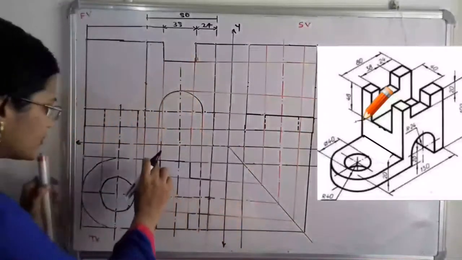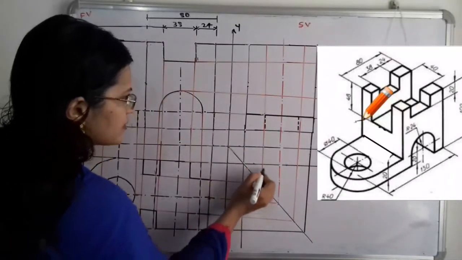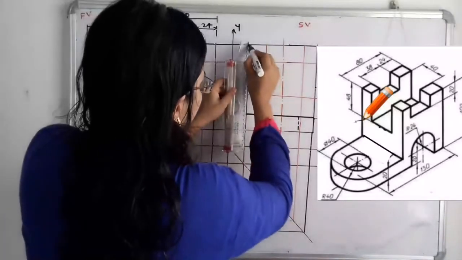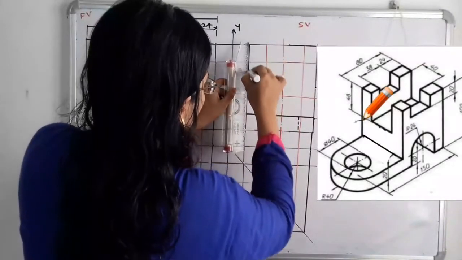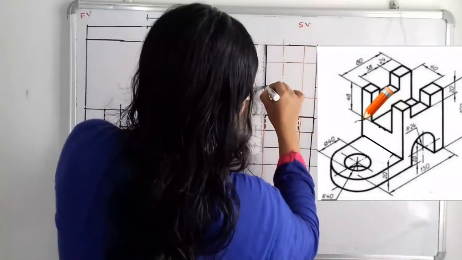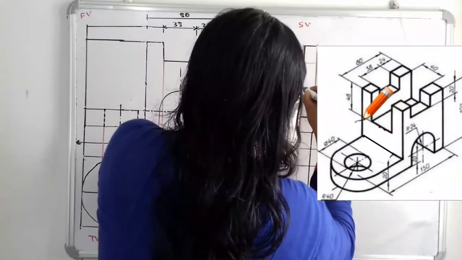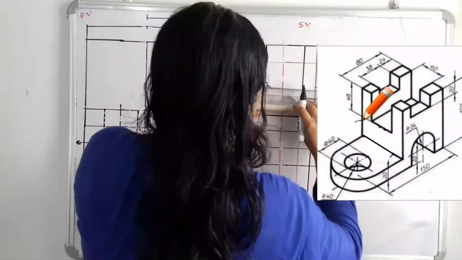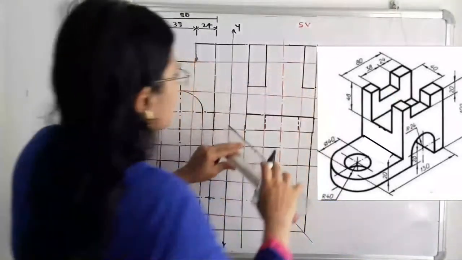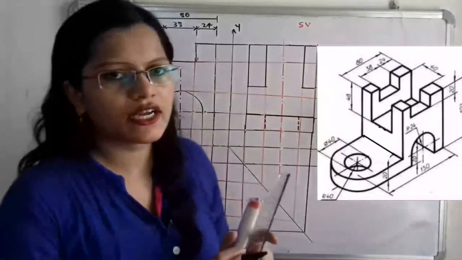If we observe, here is the block that we have completed, and here is the extension. Now we will complete the block, the block structure up to 48 millimeter height. So we will take here 48 millimeter height for the construction of the block, and now we will complete this construction. So this is the construction of the block of 48 millimeter height that is getting completed.